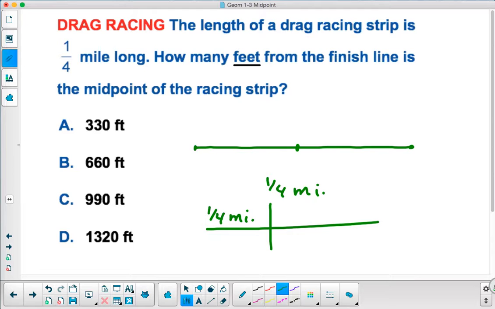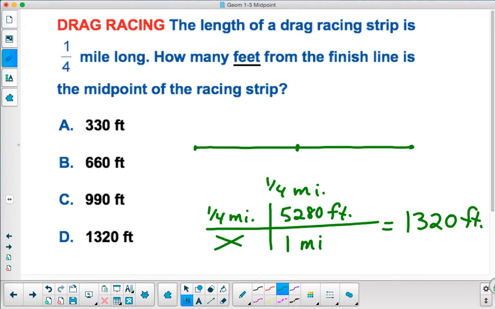All right, what was the fact that you needed to recall? 1 mile is 5,280 feet. So how many feet was that whole mile? I mean the 1/4 mile. That should have been 5280 divided by 4. How about 1,320 feet?